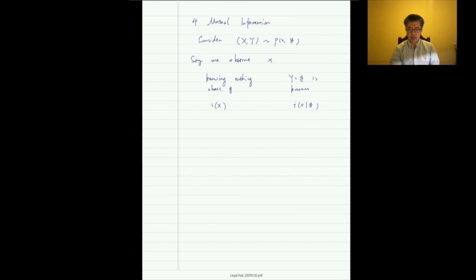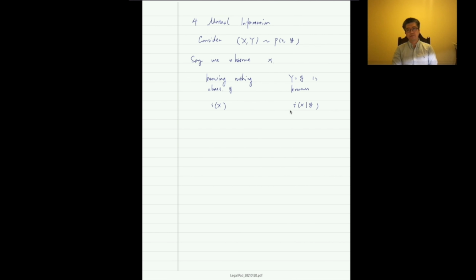Now we have two scenarios. One is that we know y, the other is we don't know y, right? So this is the total uncertainty of the symbol x, and now we have the uncertainty given y. So what do you gain in terms of information if we observe y?